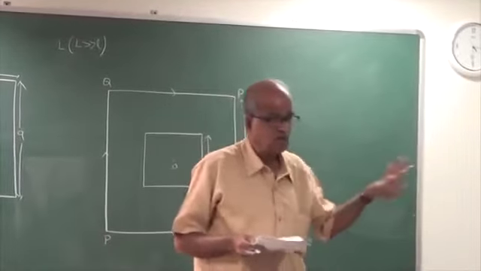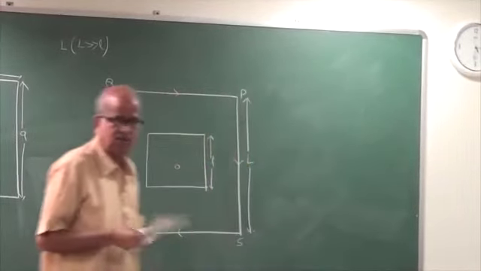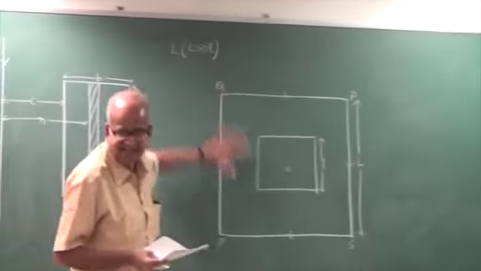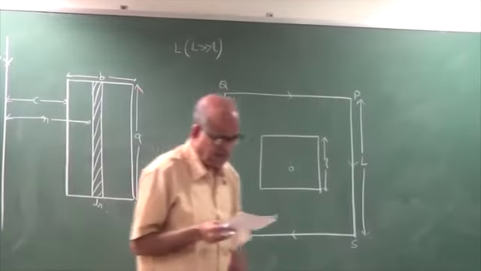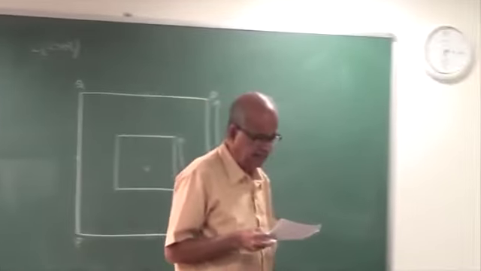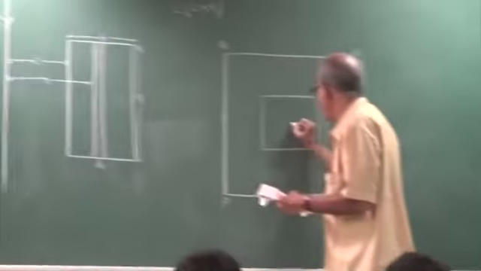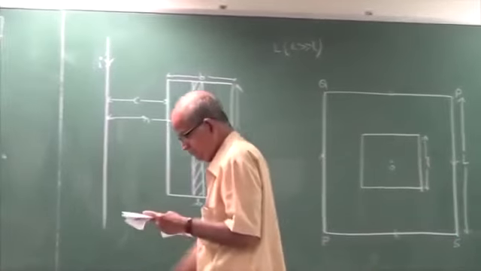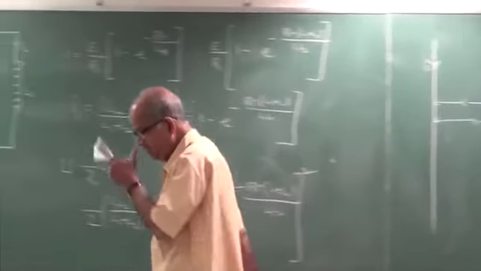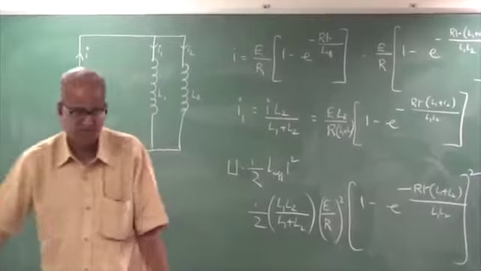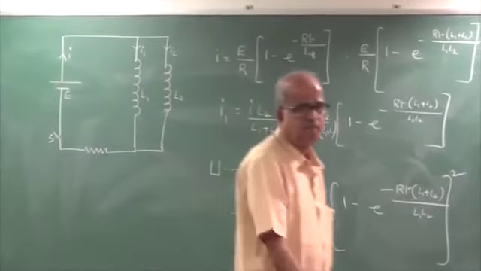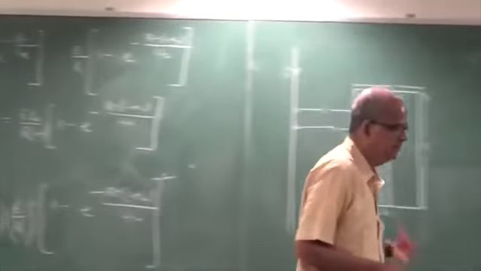If the loops are coplanar, what do you mean by that? They lie in the same plane. If the loops are coplanar and their centers coincide, what is the mutual inductance of the system? What is the mutual inductance?